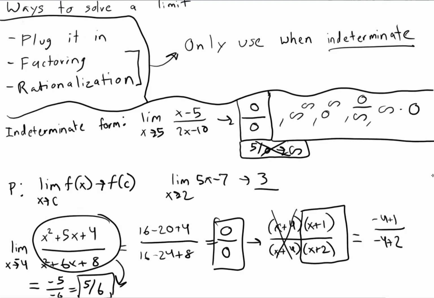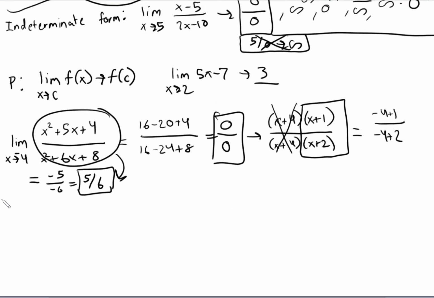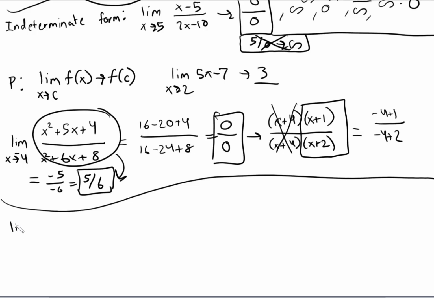Now we'll go a little bit in depth into rationalization. We don't have much space here, but if we want to talk about a limit where we use rationalization, so maybe the limit as x approaches 4 of the square root of x minus 2 over 5 square root of x minus 10.